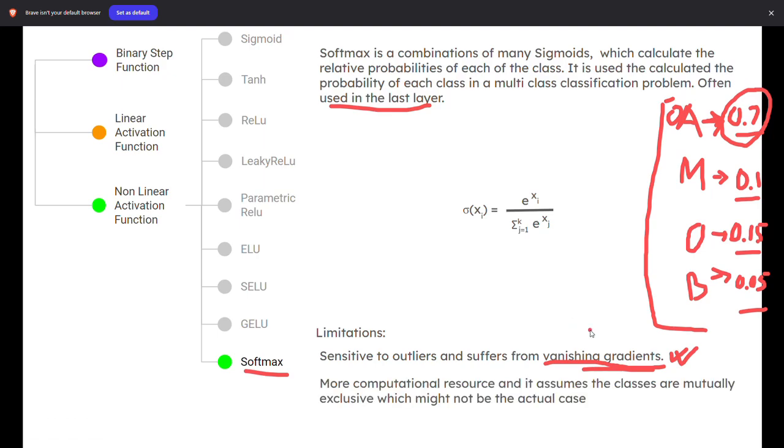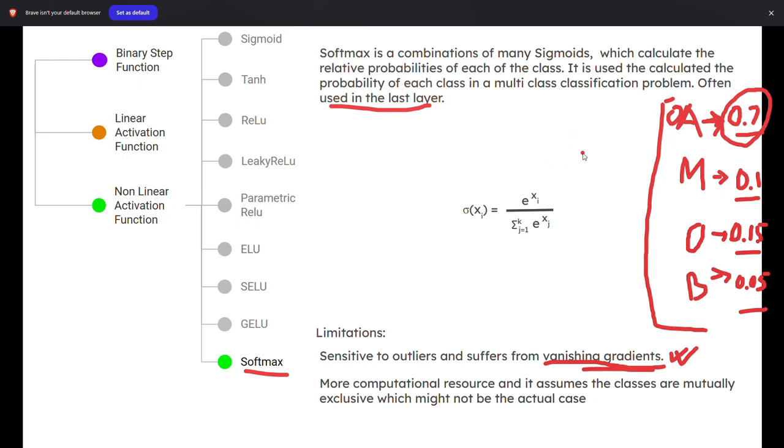Then what are the other things? It is more computational, and it assumes that the classes are mutually exclusive, which might not be the actual case. So if apple is 70%, the remaining 30% is distributed among the others, but that may not actually be the case.